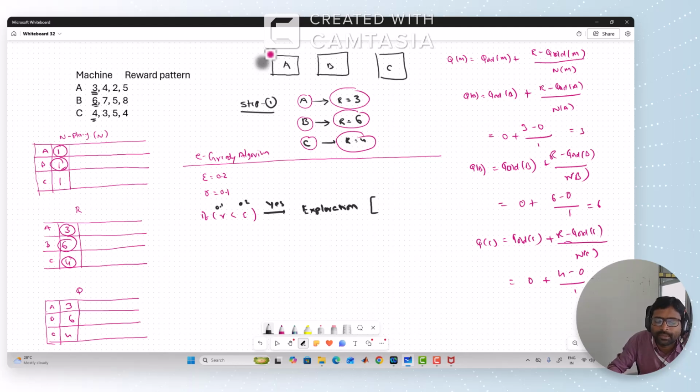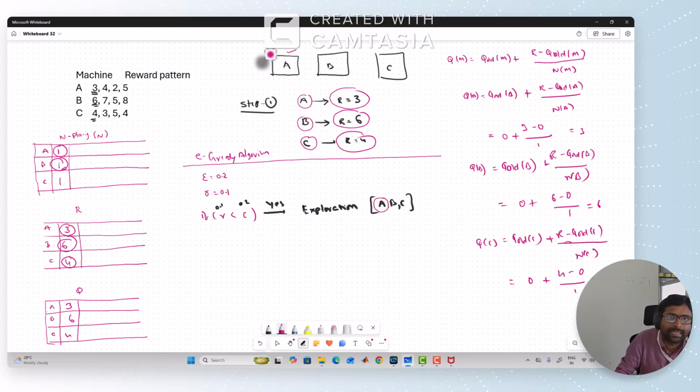Exploration means you can choose any one of the machines randomly, that means A, B or C. Let us assume the program randomly chose machine A. That means we are suggesting the player go and play with machine A.